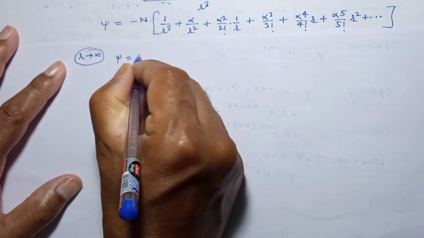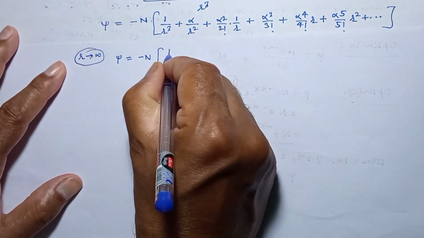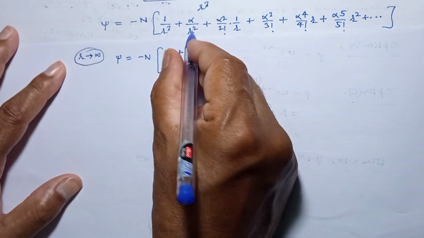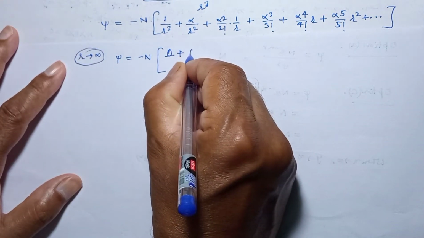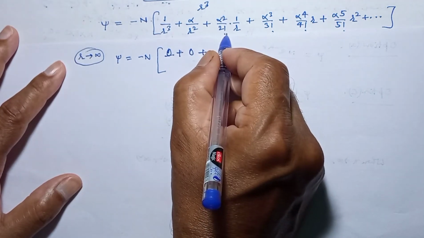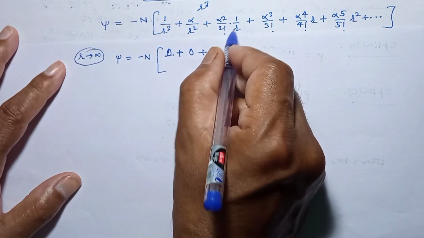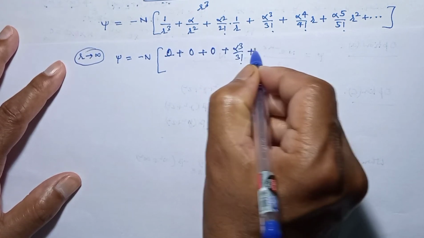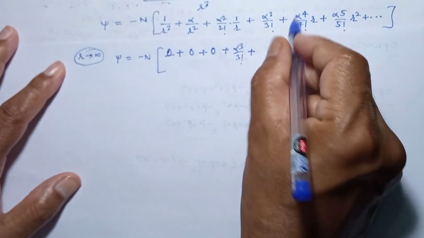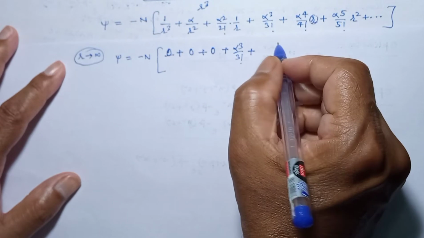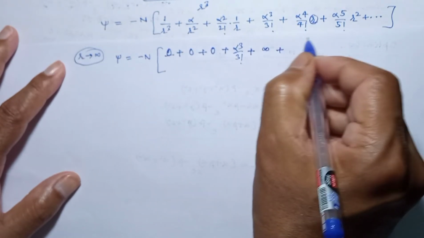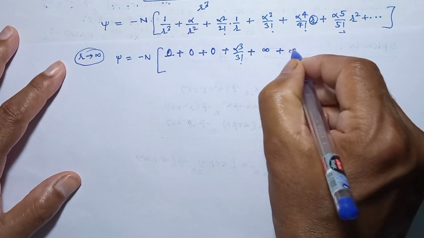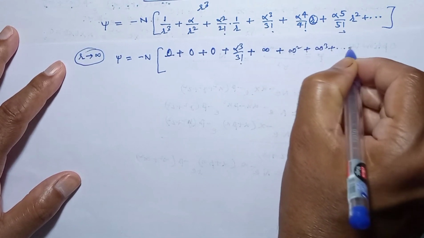Then we have psi equals minus N under bracket 1 upon infinity to the power cube, that is it becomes 0, plus alpha upon infinity square, that means it becomes 0, plus alpha square upon factorial 2 times 1 upon infinity, that also becomes 0, plus alpha cube upon factorial 3 plus alpha 4 upon factorial 4 times R, so it is infinity, plus alpha to the power 5 upon factorial 5 times infinity square, it means infinity square terms, infinity cube terms and so on.